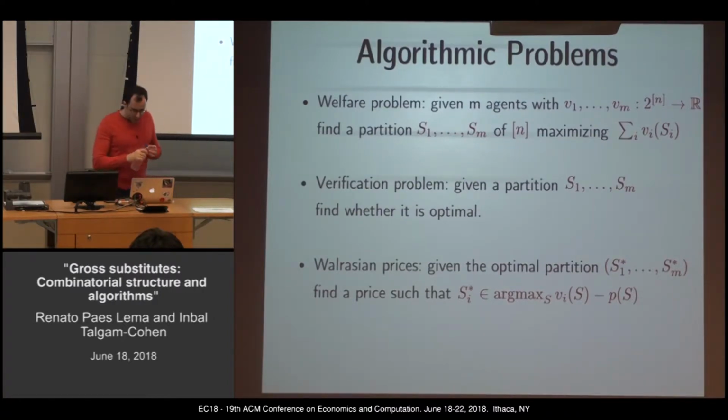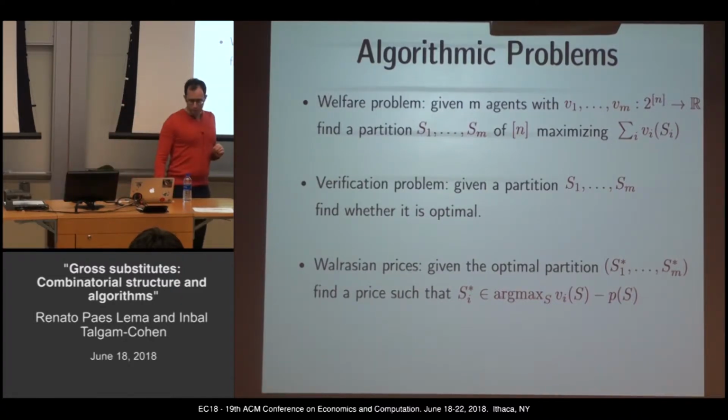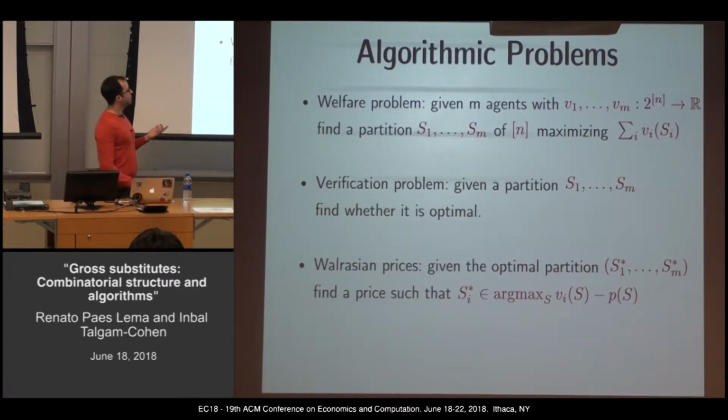All right, so let me go on. I'll use some of those tools we developed in the beginning to solve some problems. One interesting problem is the welfare problem. Given m functions that have gross substitutes, how to find a partition that maximizes welfare?